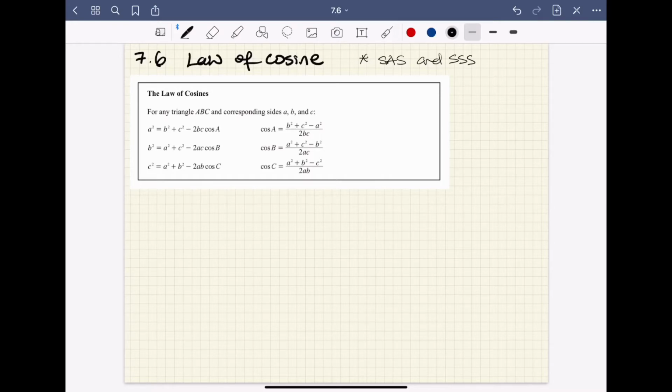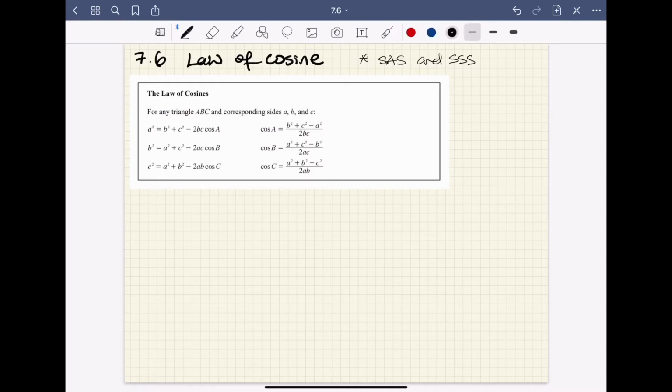Okay, and as you guys can see in this diagram here, we have 6 formulas for law of cosines. But ultimately, you only need to remember one of them and you'll be able to derive the other ones.